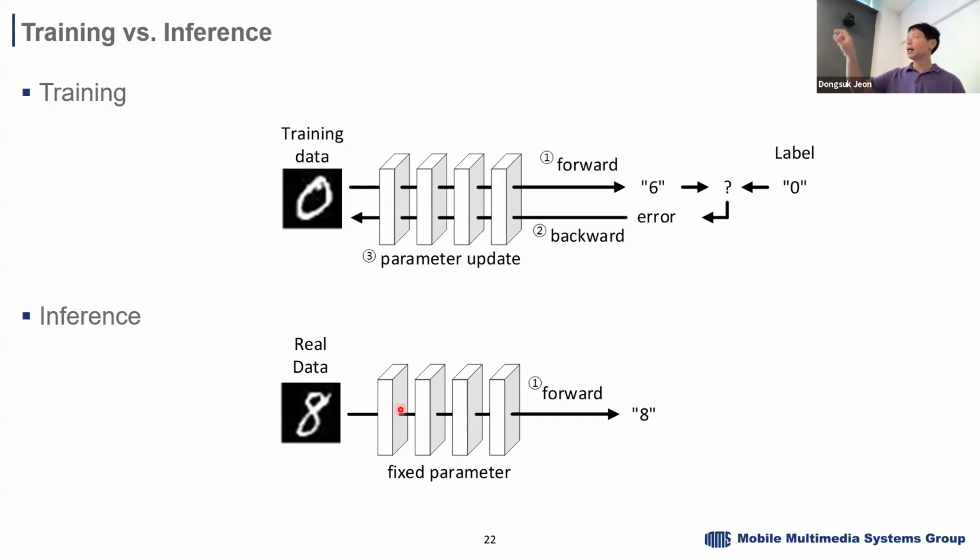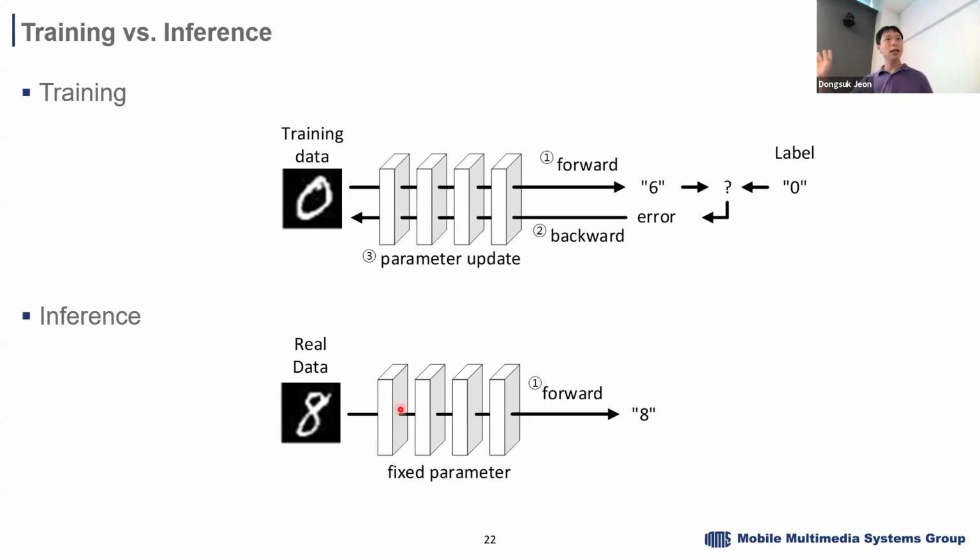The training sample goes through the network in the forward direction, and it makes its own guess. But at the beginning, it's not trained at all, so it's highly likely that the answer will be incorrect. By comparing the output from the network and the ground truth we already have, we can calculate the loss or error, and we can backpropagate this error to update each parameter in the network.